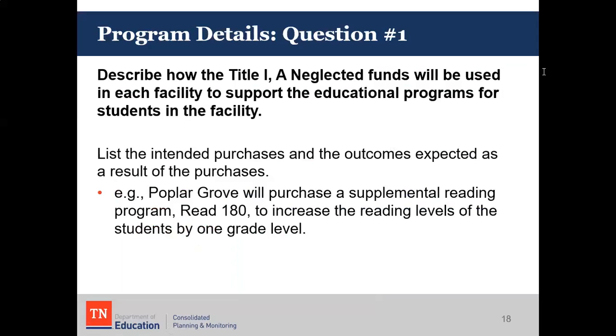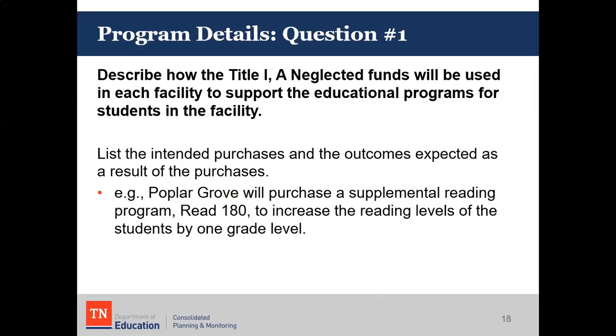So under program details, this is going to be question number 1, to describe how the Title I-A neglected funds will be used in each facility to support the educational programs for students in the facility. So under this one, we suggest that you list the intended purchases and outcomes expected as a result of the purchases. So I gave you an example here.